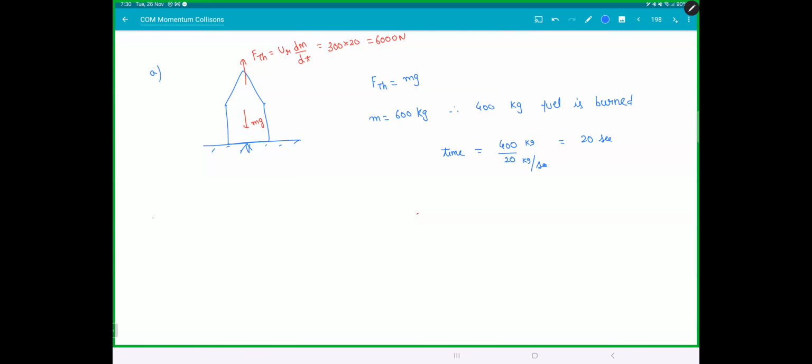And what about the second part? After 30 seconds, the thrust force will still remain the same, 6000 newtons. At t equal to 30 seconds, 600 kgs of fuel is burned.